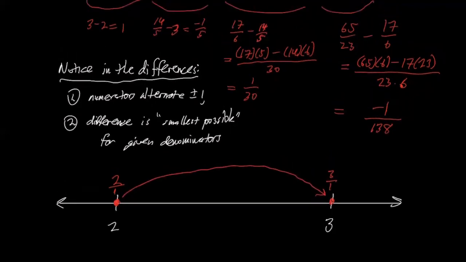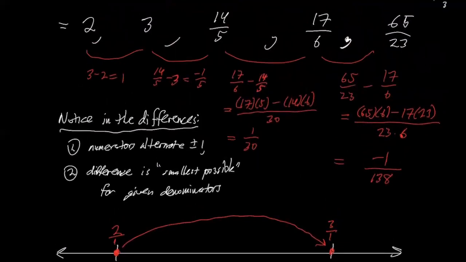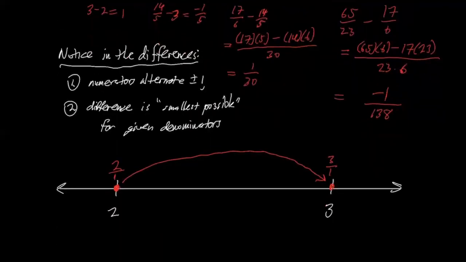And then 14/5, that's really 2.8. I'm going to exaggerate the difference because it's actually closer to 3 than this. But this is 14 over 5 right there. And we went back this way, minus 1/5, right? Draw that a little steeper, so I'm going to leave some room in there.